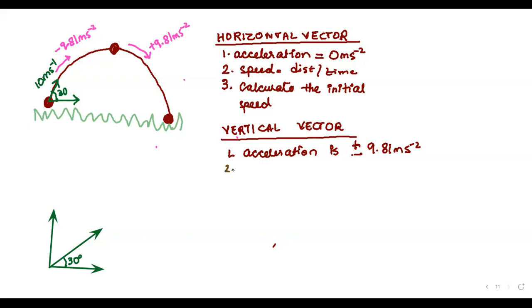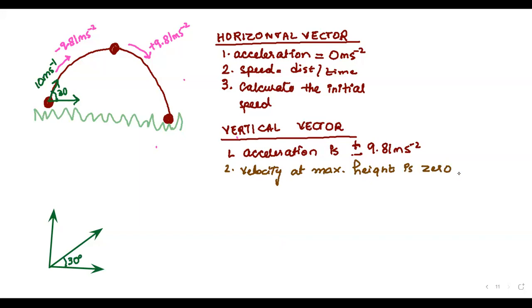Rule number two is that the speed or the velocity at maximum height is 0.